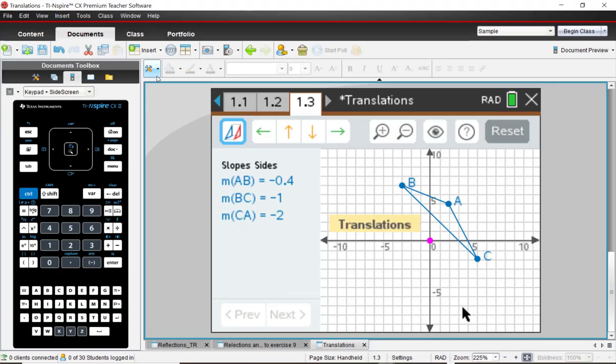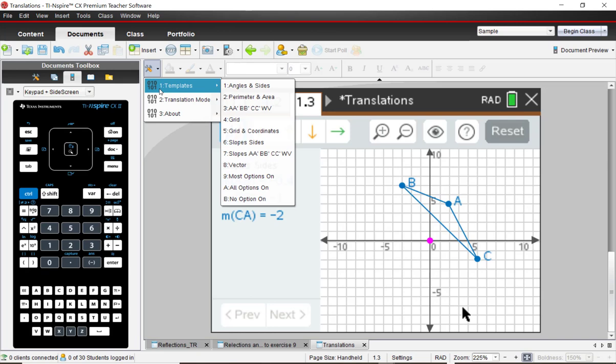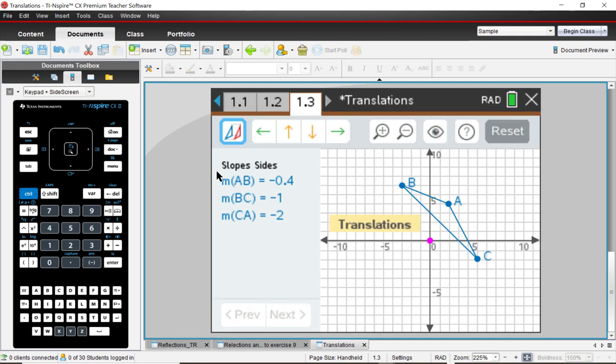So let's go ahead and look at this on TI-Nspire. Here we're going to go to the menu, then the templates, and we're going to look at slopes of sides. You'll notice it's giving me the slope of side AB, BC, and AC. So we'll go ahead and go up 3, as it just said in number 13, and go to the left 6.